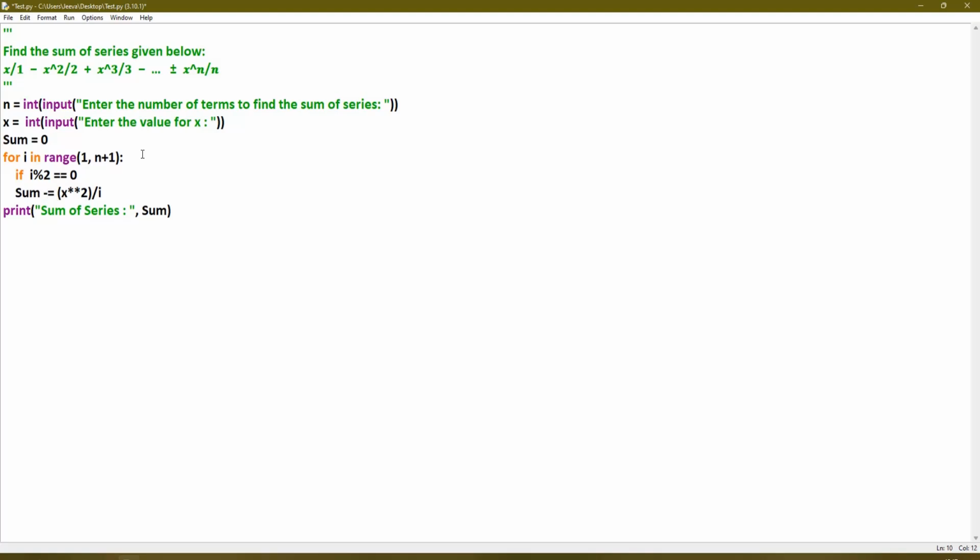That means x to the power I, then divided by I. Otherwise, else, let me have the semicolon and the indent. Do not forget this. Now the same thing, but we will have plus. Change this as plus. Let us run.